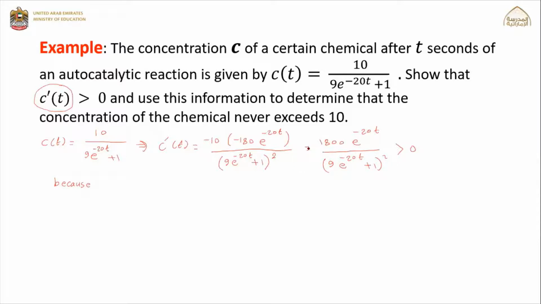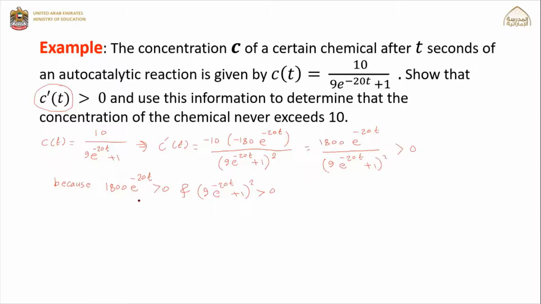Because 1,800 e to the power negative 20t is greater than 0, and (9e^(-20t) + 1) squared is also greater than 0.